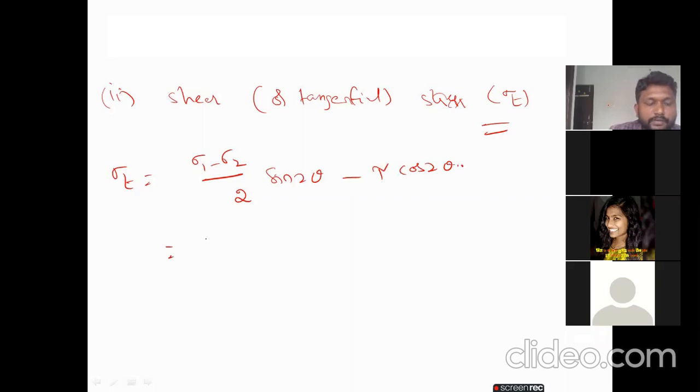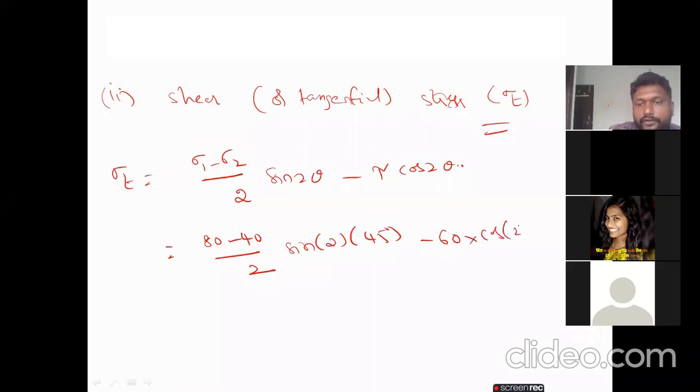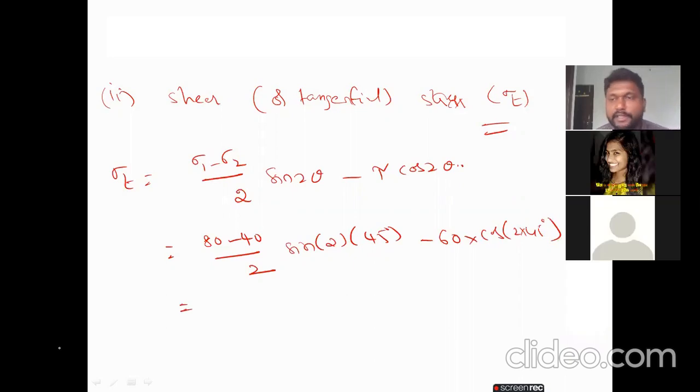So sigma 1 is 80, sigma 2 is 40, by 2, and sine 2 into theta, 45 degrees, minus tau, 60, into cos 2 into 45 degrees. Please calculate and tell me the answer.